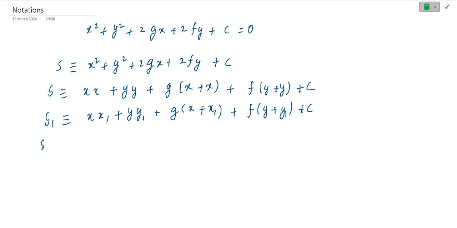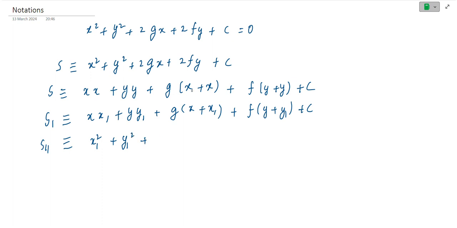Now S11 is another expression's notation. S1 means we have replaced one x with x1. S11 means we have to replace both the x's with x1. So x into x becomes x1 times of x1, that is x1 square, plus y into y, replacing both y's with y1, becomes y1 square.